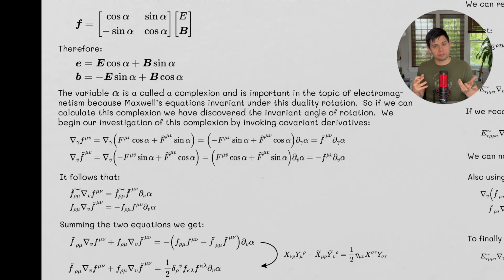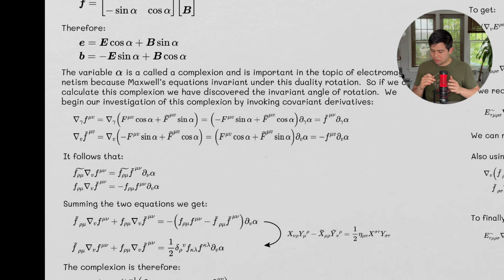So we can actually calculate this complexion, and we begin our investigation of this complexion by invoking covariant derivatives here. Here again is our bivector F mu nu written in component form.